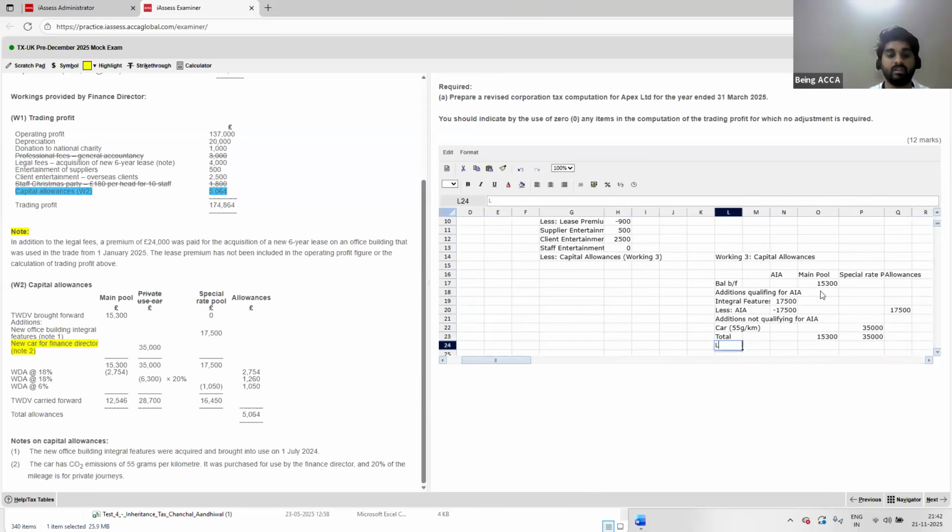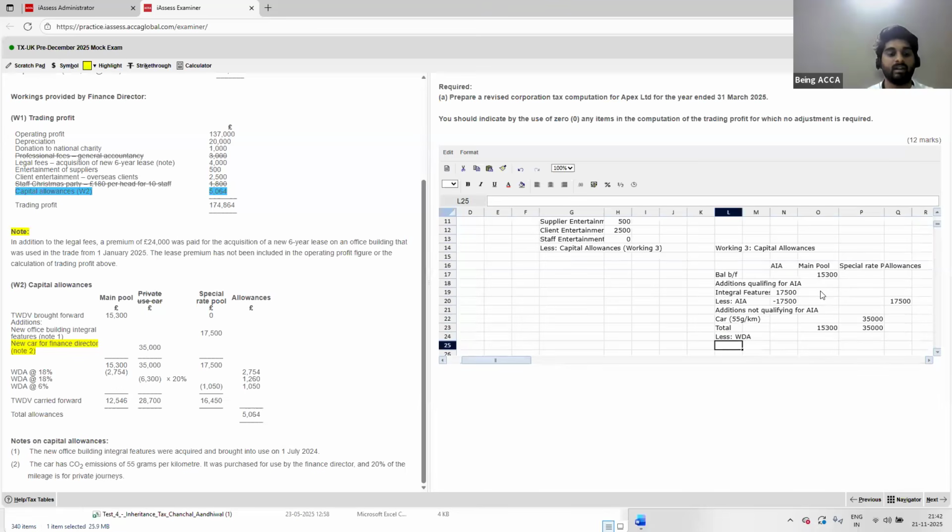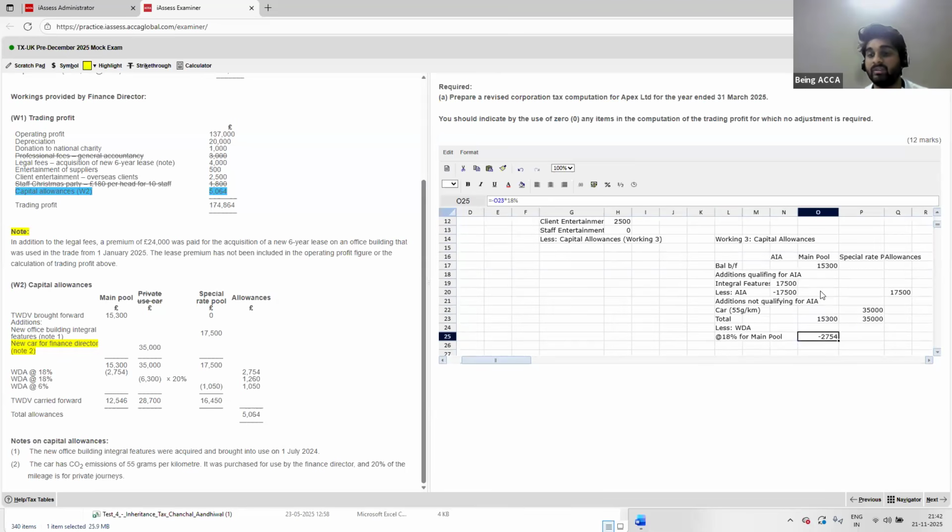From this, we will deduct the writing down allowance at 18% for the main pool, so minus this into 18% would be 2,754, and the allowance that we take in this one should also be added to the allowances column.